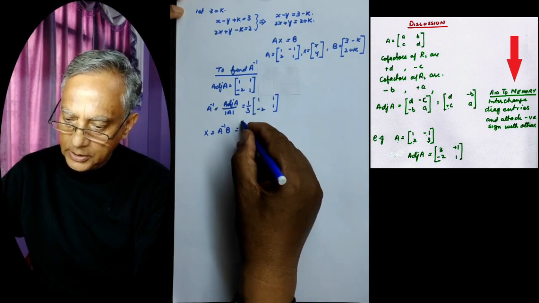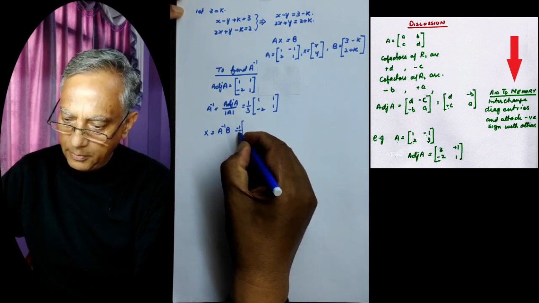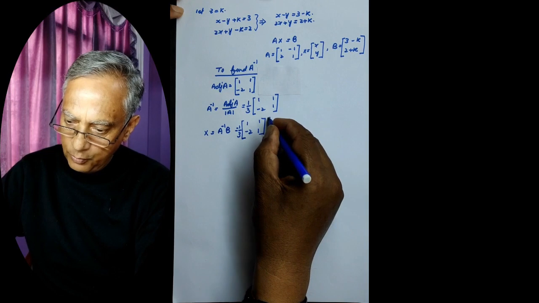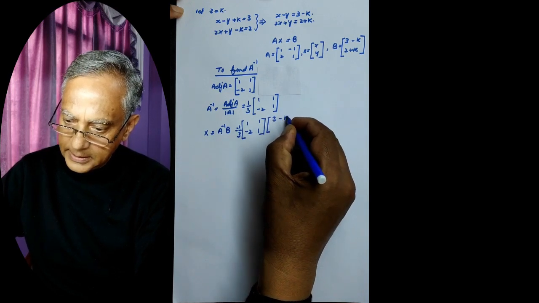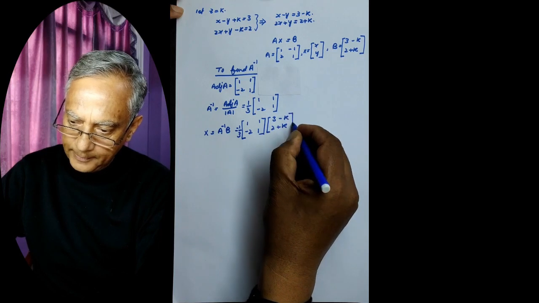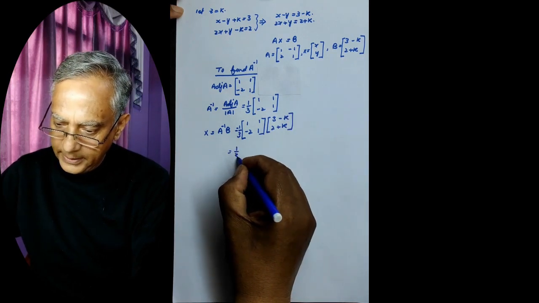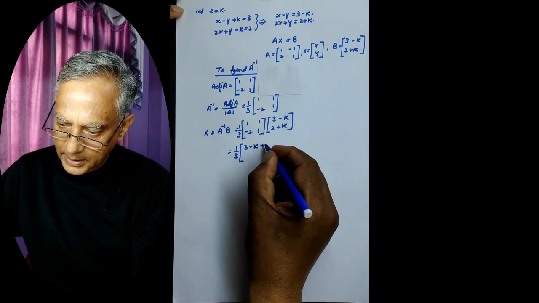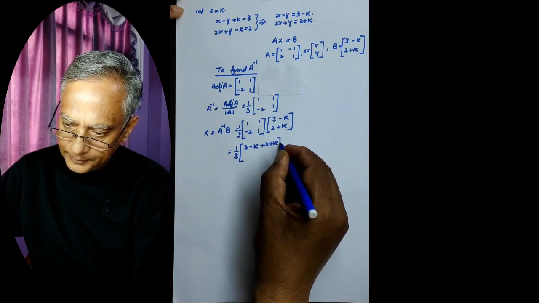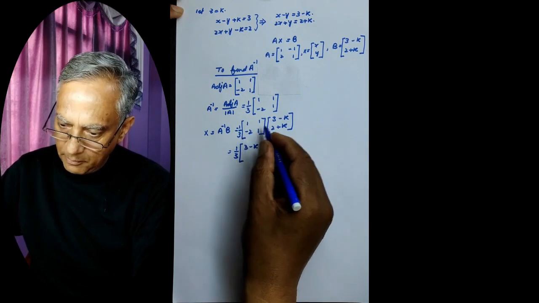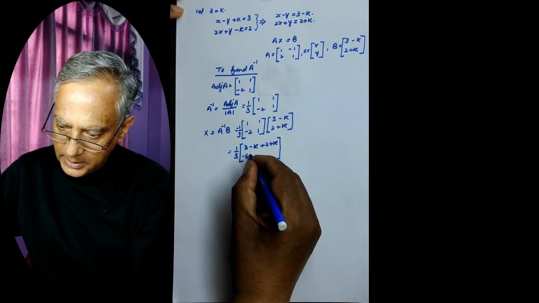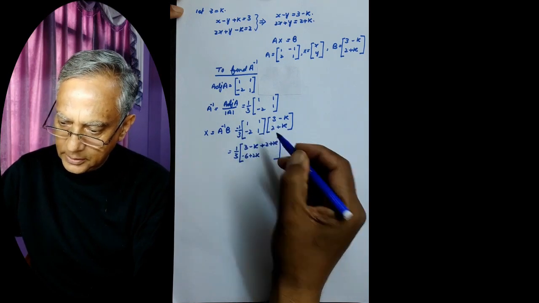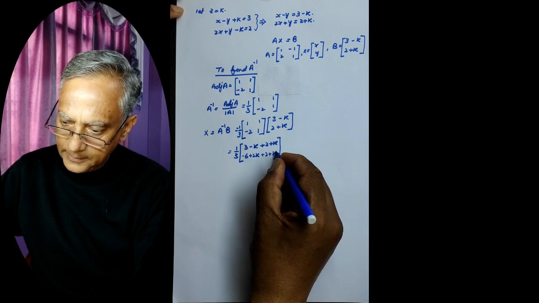A inverse is 1 by 3 into [1 -2; 1 1] into B, and B is 3 minus k, 2 plus k. So this is equal to 1 by 3 into 3 minus k plus 2 plus k, and next is minus 6 plus 2k plus 2 plus k.